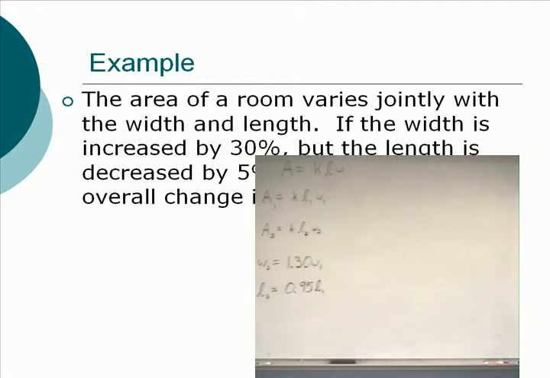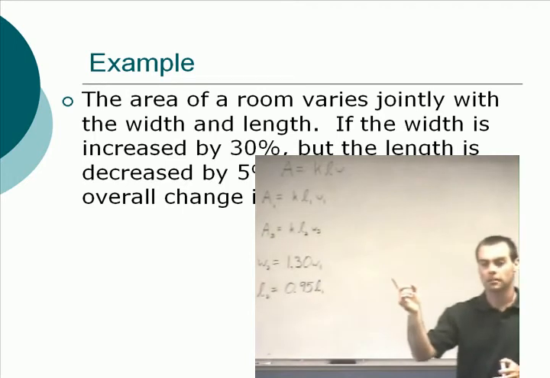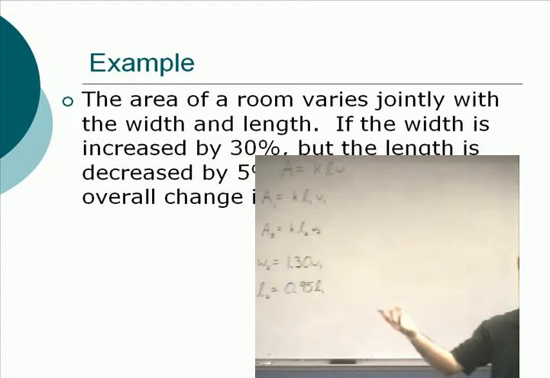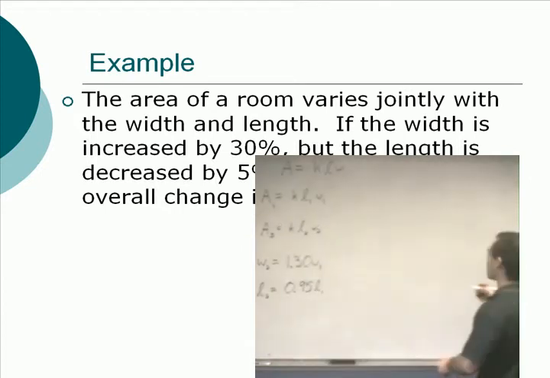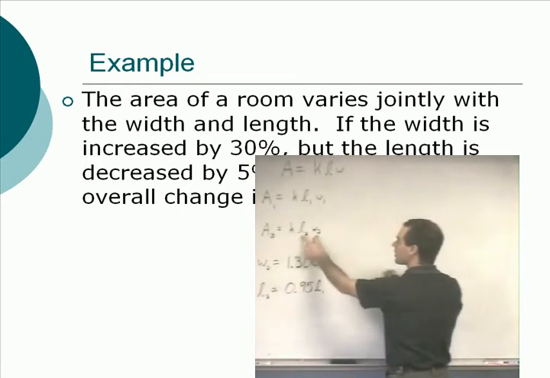Now we make those substitutions. Again, what two things do we want to compare? What was the question asking? Like the grapefruit before, where it asked how the radius compared, now we're asked, how do the areas compare? We know what W2 and L2 are, so we make those substitutions.